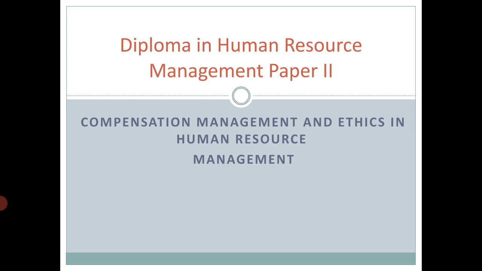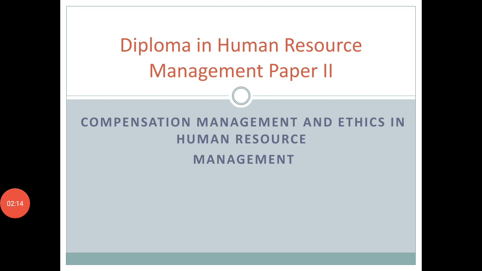Unit 1 was Industrial Relations, unit 2 was Industrial Conflict, unit 3 was Trade Union, and unit 4 was Collective Bargaining. So this is your paper number 1, Management of Industrial Relations.